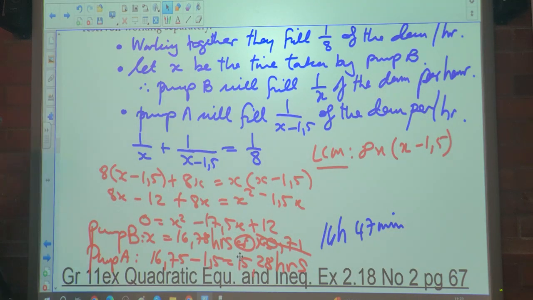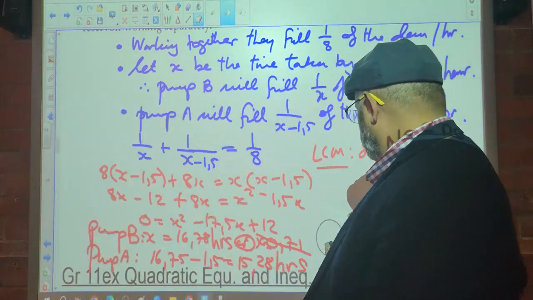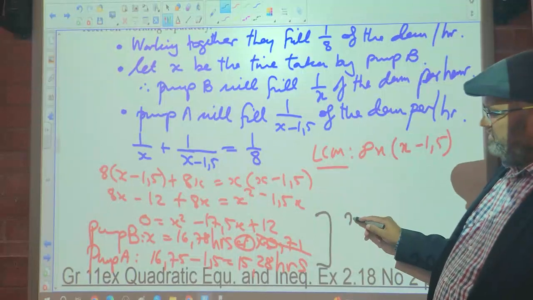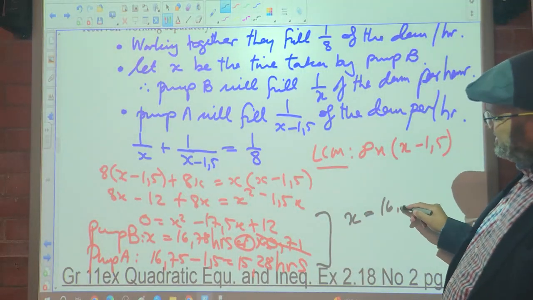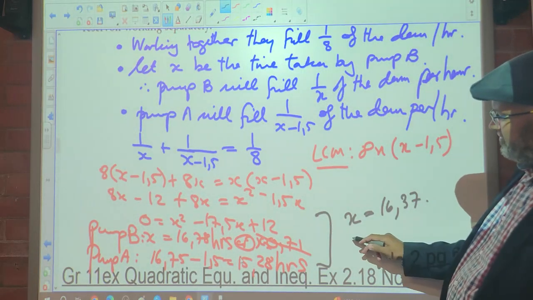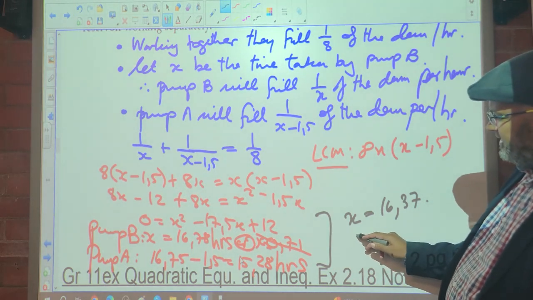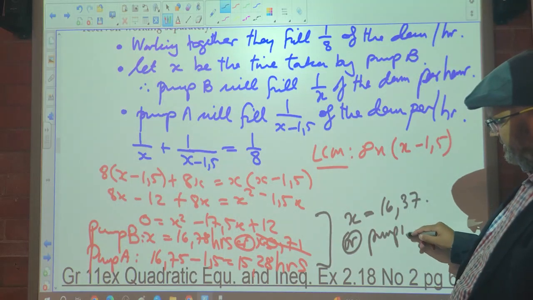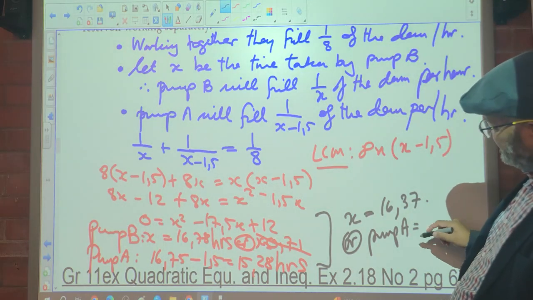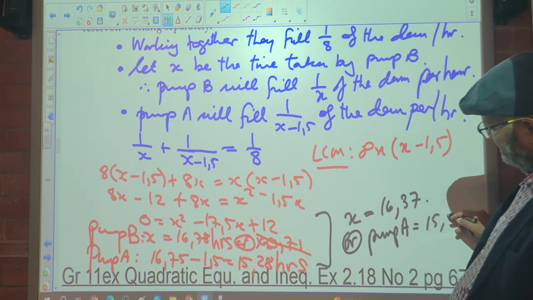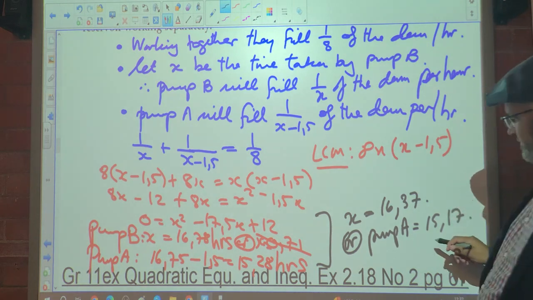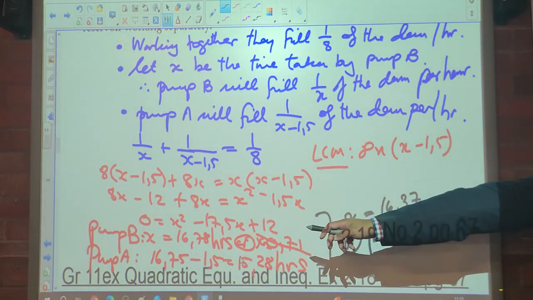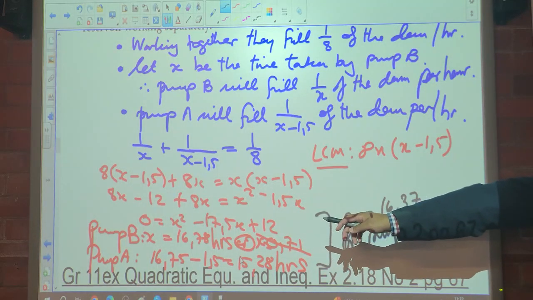Who got the textbook's answer? So they got for pump B 16 hours, 37 minutes, and pump A 15 hours, 17 minutes. Who got those answers? Who got that answer that I have? You got it.